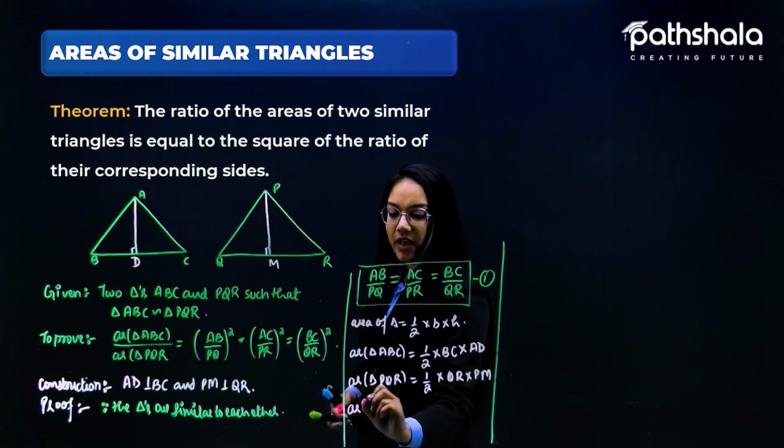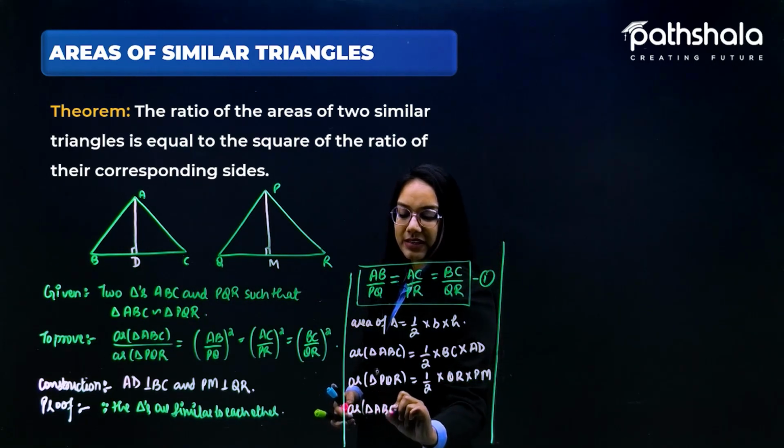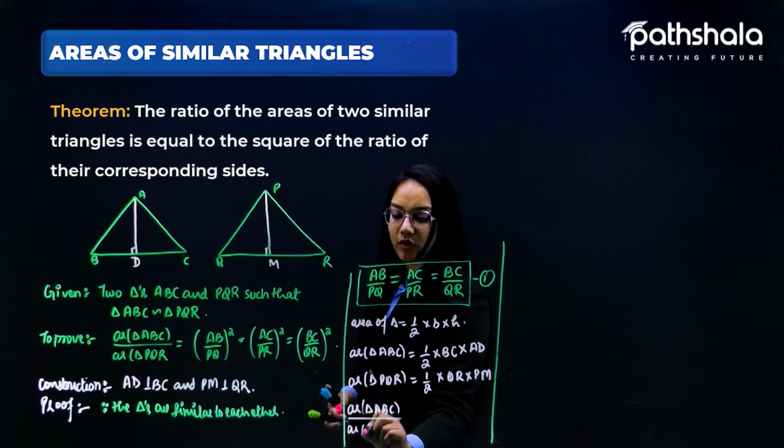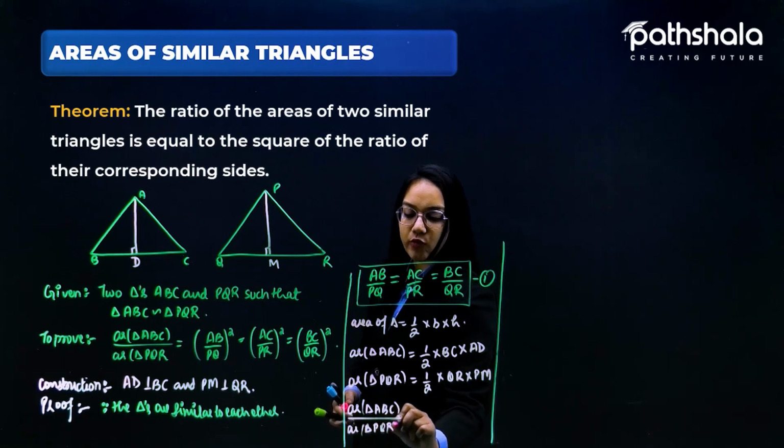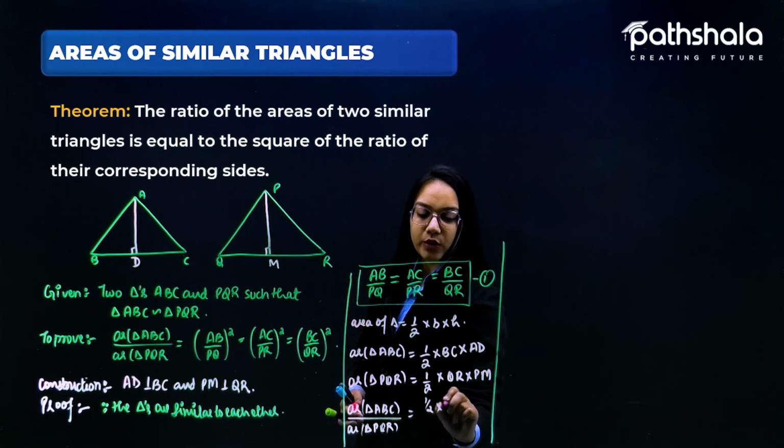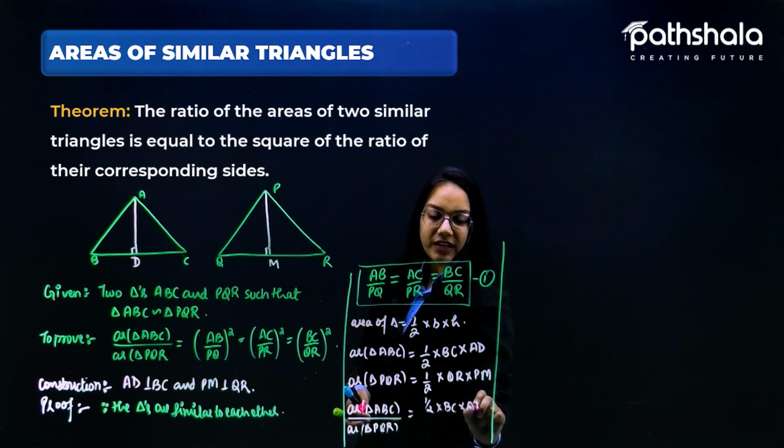So we have the area of triangle ABC divided by the area of triangle PQR, which is half into BC into AD divided by half into QR into PM.